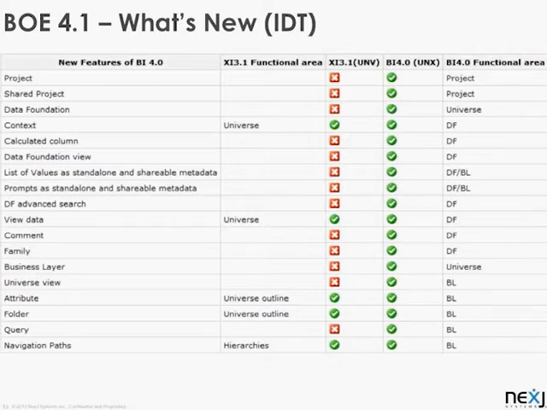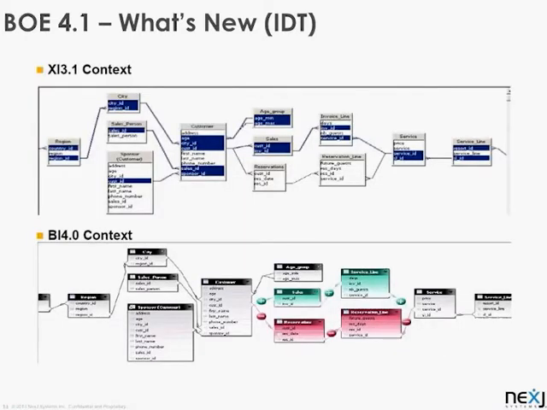For example, managing and defining contexts, you can do that directly on the visual data foundation itself. Previously, you had to open up the context itself and select the join. You couldn't just shift-click and add the join type of thing.